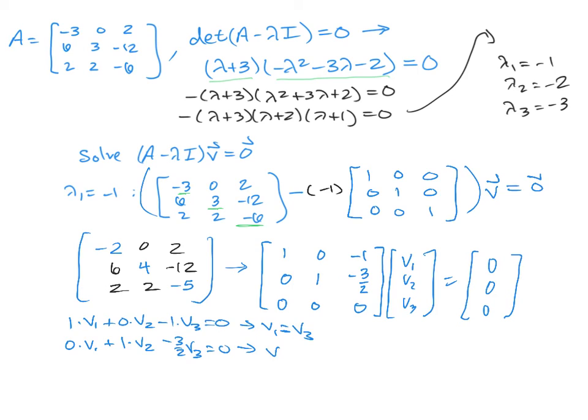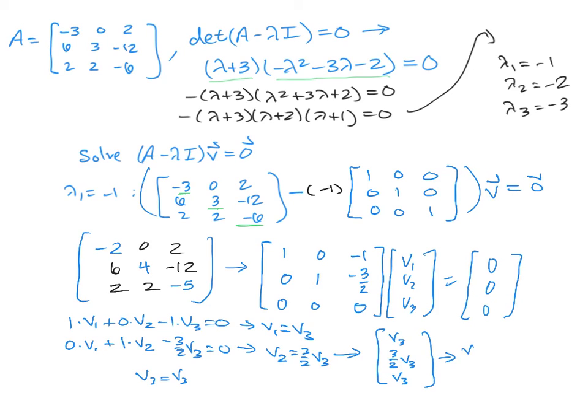That says that v2 is always equal to 3 halves of v3. And it says nothing about v3, so v3 is sometimes referred to as being free in these problems. So now we put this together. We have v1 being replaced with v3, v2 being replaced with 3 halves v3, and v3 staying the same.